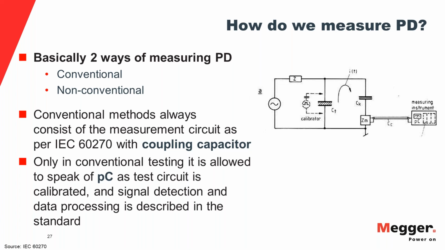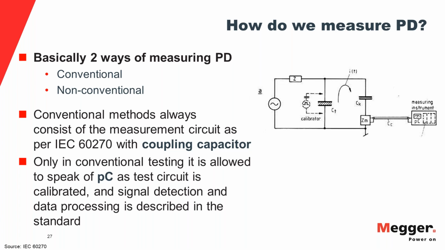The conventional measurements always have a coupling capacitor, and only in conventional testing are we allowed to talk about picocoulombs, because the test circuit is calibrated and the data processing and signal detection are all done as outlined by IEC 60270. As soon as you leave that ground, you're not doing internationally accepted conventional testing anymore.